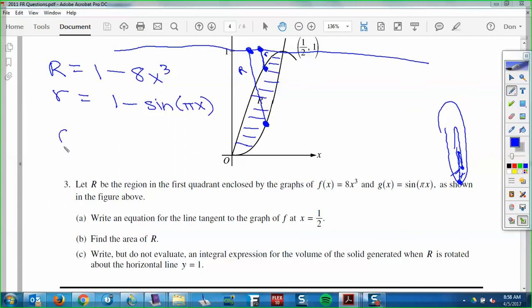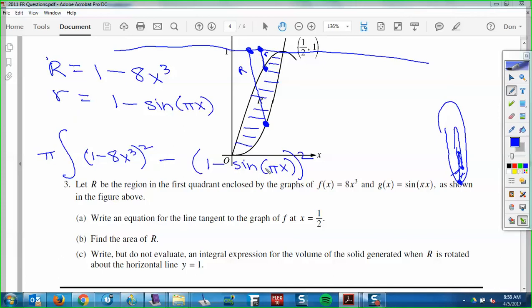Now, what do we set up for the integral? The area of the washer is pi times big R squared minus little r squared. See how there's too much to keep track of? That's why I think it's so important to write out big R, write out little r somewhere.